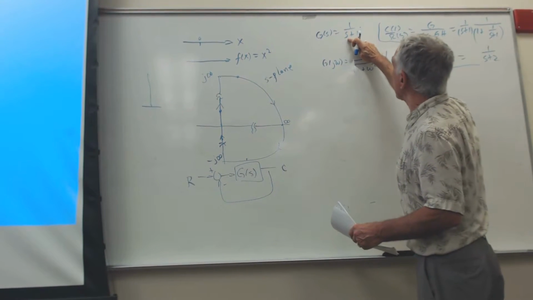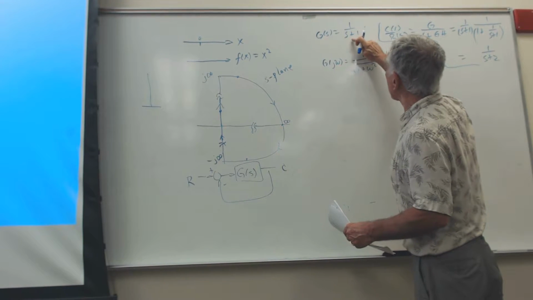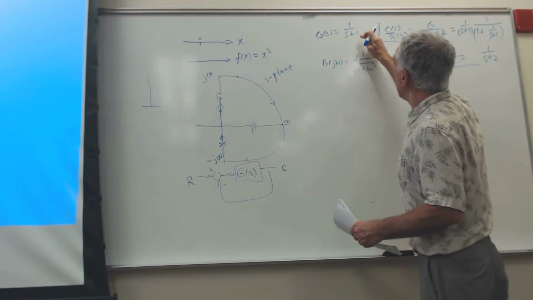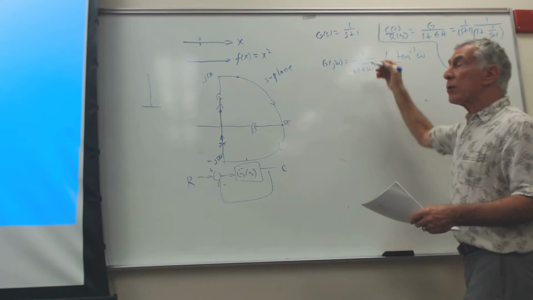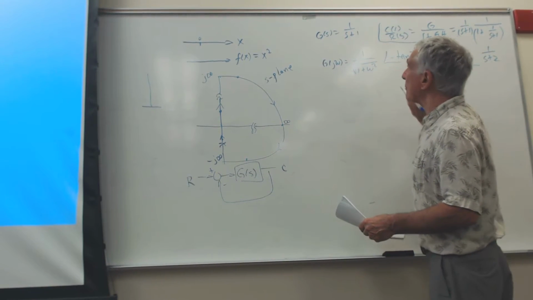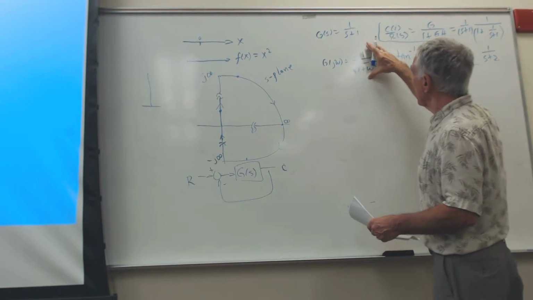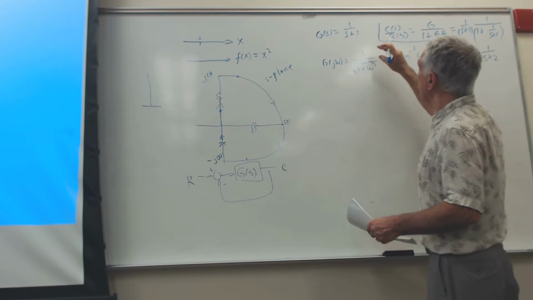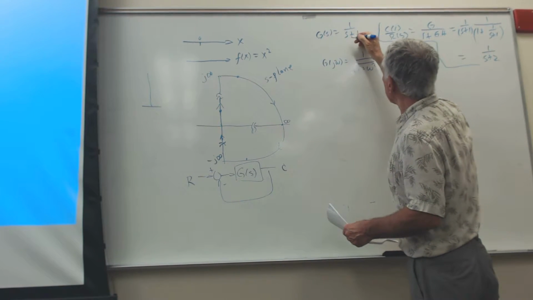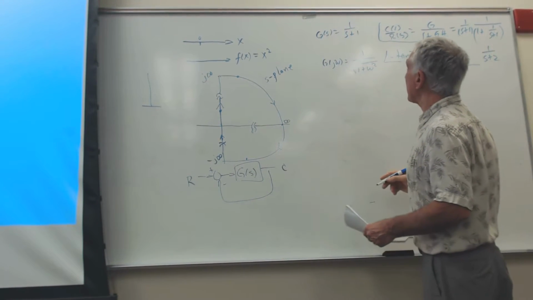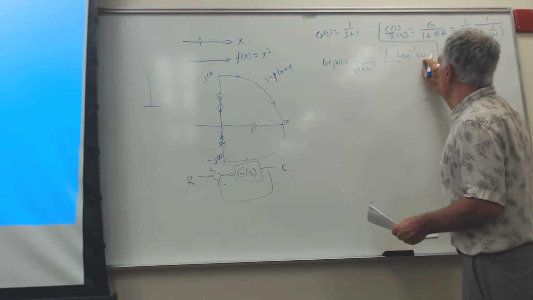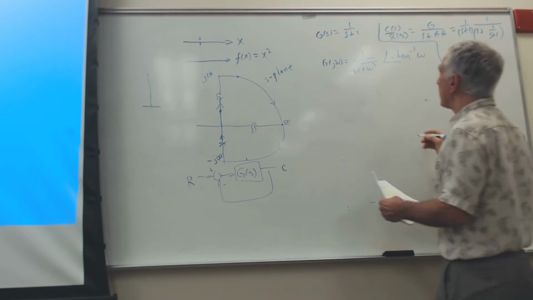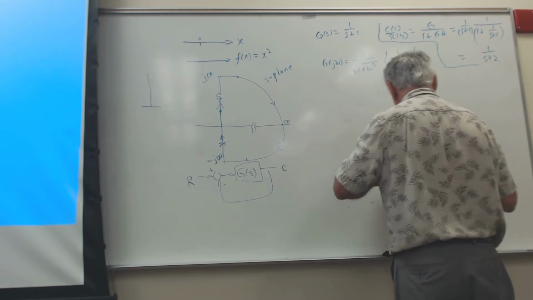Replacing s by j omega, we get 1 over 1 plus j omega. The magnitude of the quotient is equal to the quotient of magnitudes. So this is the magnitude, and the phase is the arctangent of the imaginary over real, so that's just arctangent of omega over 1. So then we can plot this, right?